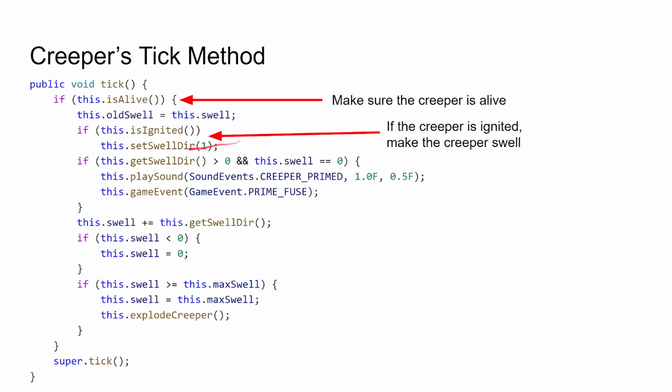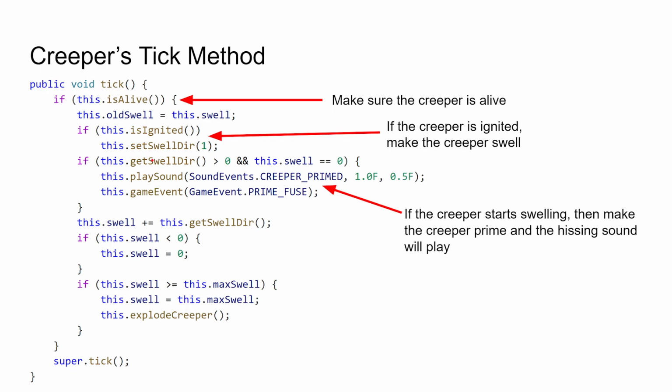So like if we get too close, then we start to make the creeper swell. If the creeper starts swelling, then we create this primed hissing sound. That's that dreaded hissing sound when you hear. And then it'll prime the fuse as a game event. So it'll start priming. And then finally, down here, if this max swell is attained, then of course we explode the creeper. But we have to make sure it's all in sync.